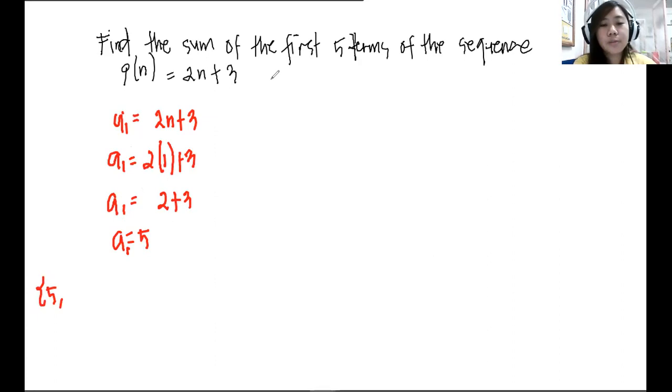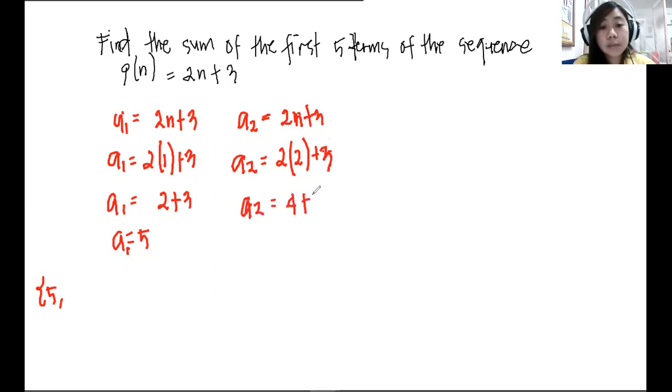Okay, so nakakasunod po. Next, let's find the value of the second term. So using again the given equation, I'm so sorry, not a formula, the given equation. Okay, so A sub 2, or the second term, is equal to 2 times 2 plus 3. A sub 2 is equal to 4 plus 3.